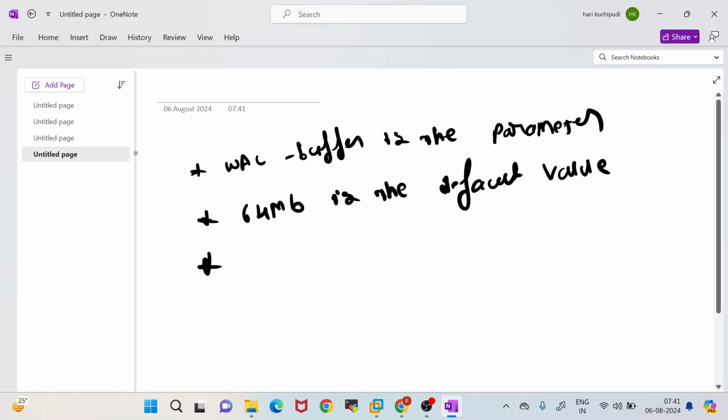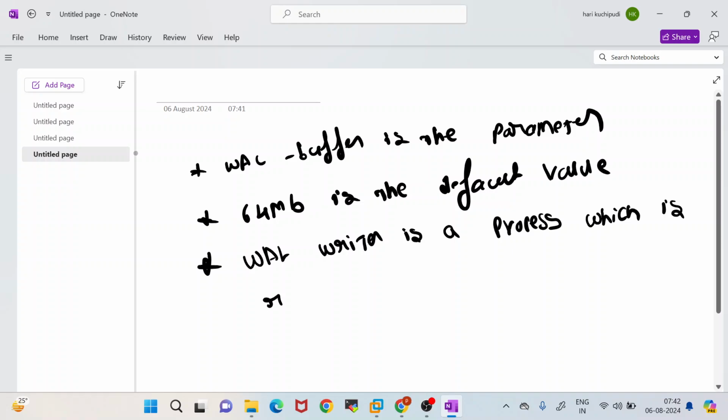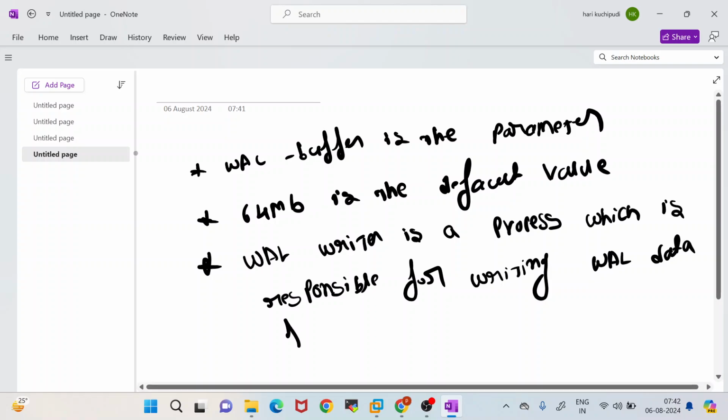And the next thing is the WAL writer. WAL writer is a process which is responsible for writing WAL data from the WAL buffer to the disk.